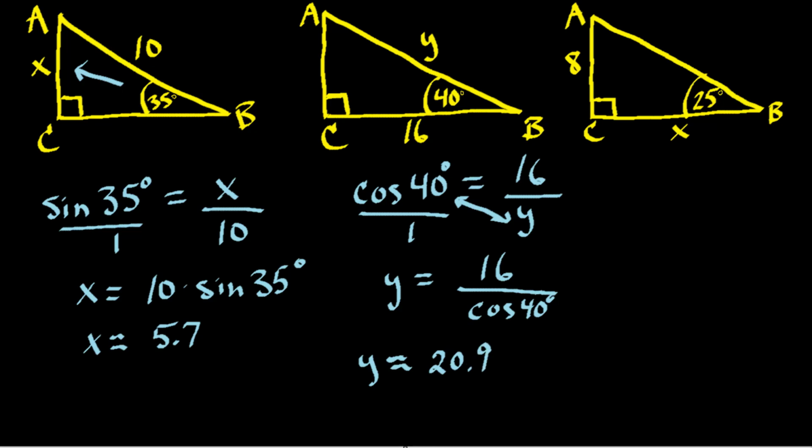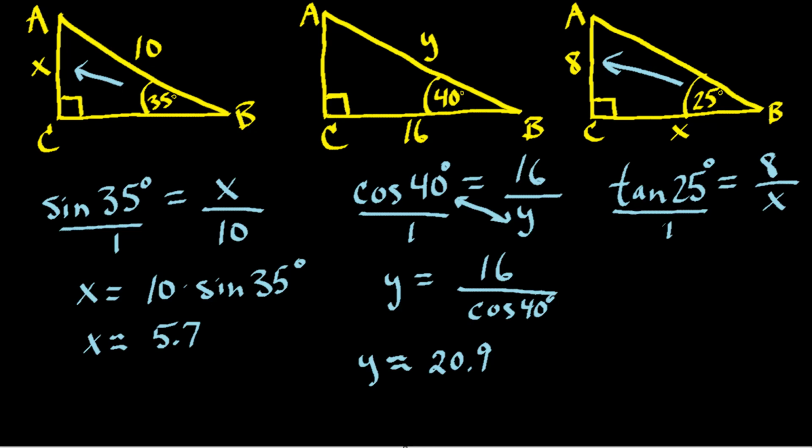For the third problem, we are going to need to use tangent. Tangent of 25 degrees will help us to solve for this x here because we are given the opposite side of 8 and tangent is opposite over adjacent and x is the adjacent side. And once again, we can use this trick.